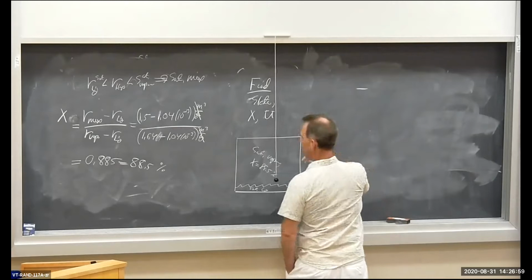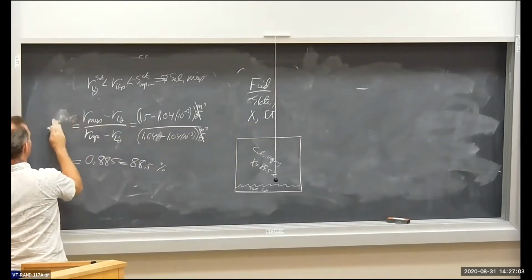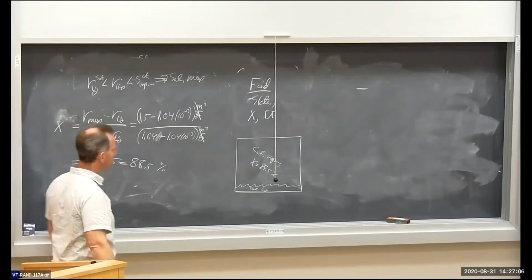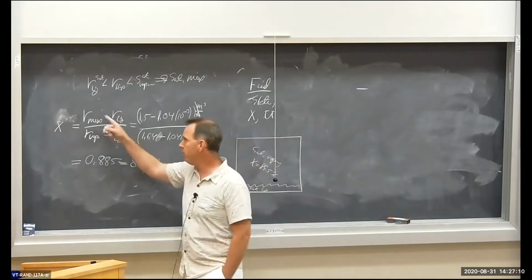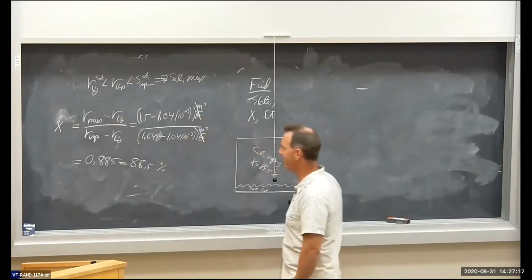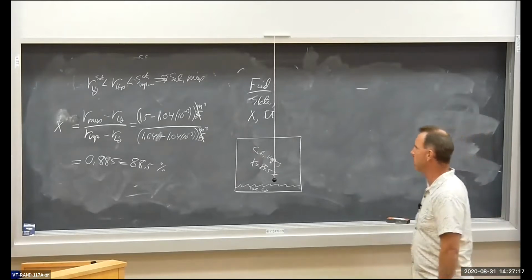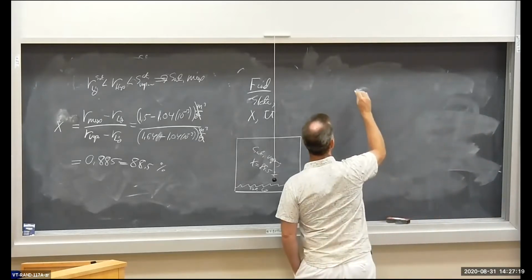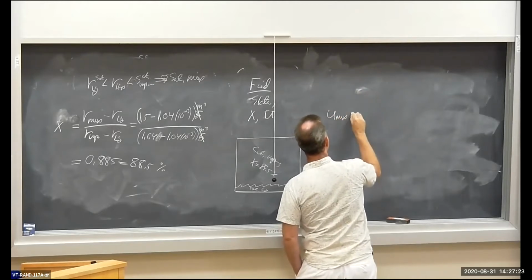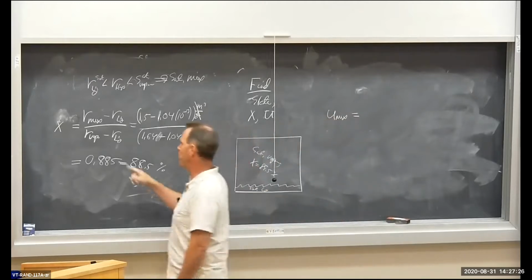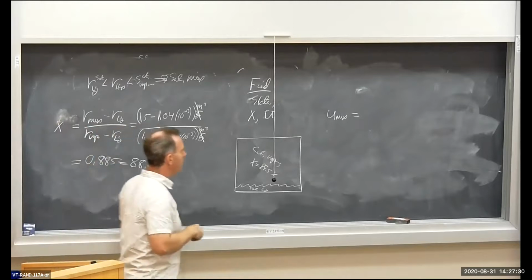Remember, this expression for quality can be extended to internal energy, specific internal energy. So I can have u mix, u vapor and u liquid in there. So if I want to calculate the specific internal energy for the mixture, I put u's in here and solve for u mix.